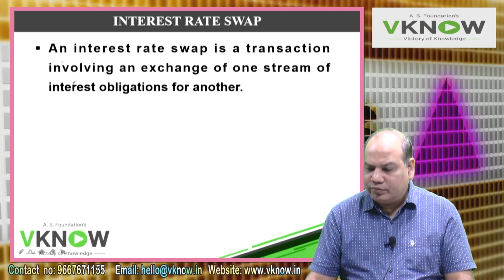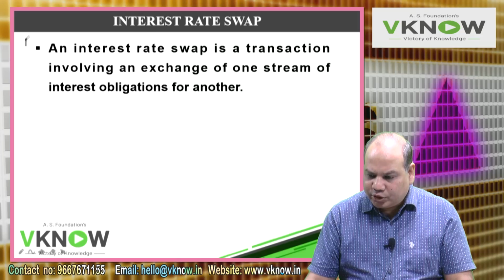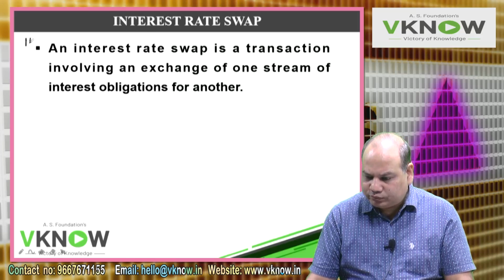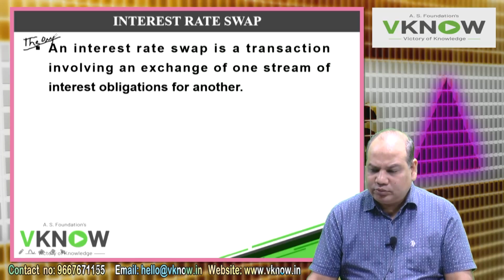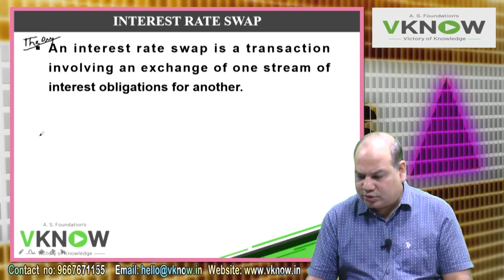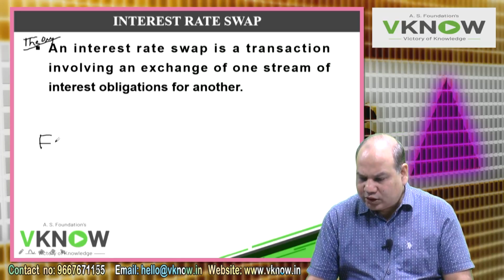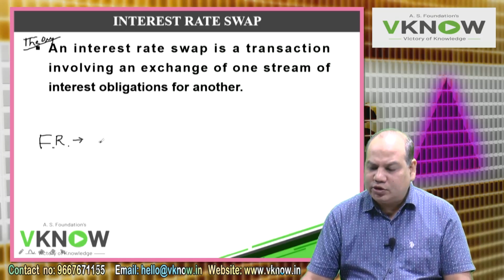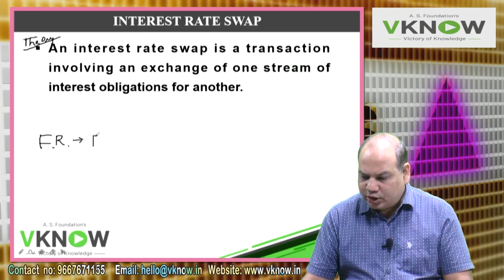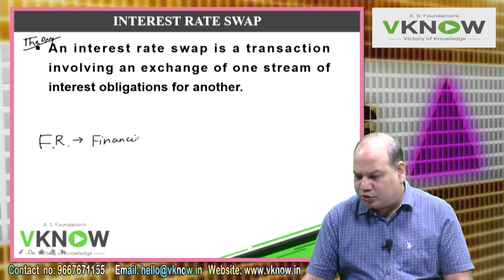Now first thing, write down, important for theory question also. They have asked in the past theory question on interest rate swap. And for your general information, this understanding of interest rate swap is very important for another subject in your course, financial reporting. There we have Ind AS on financial instrument.